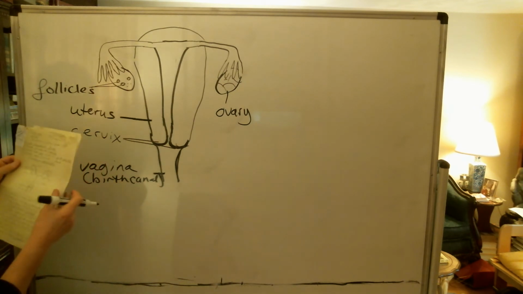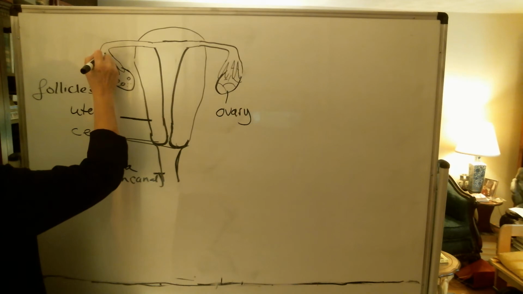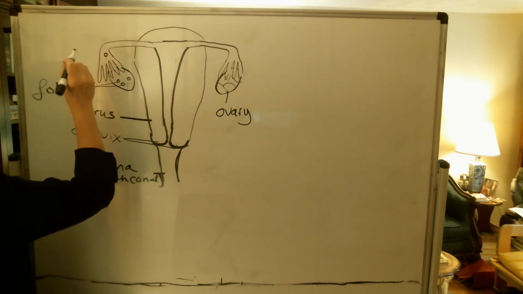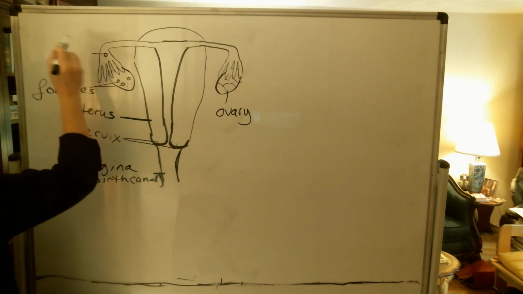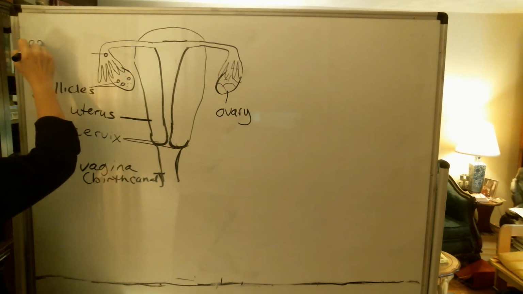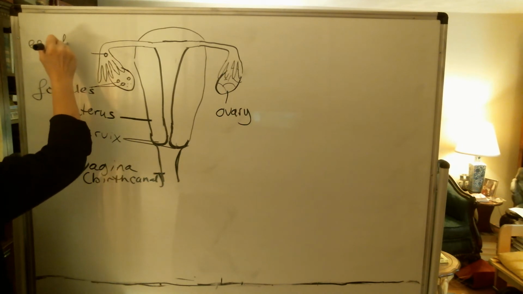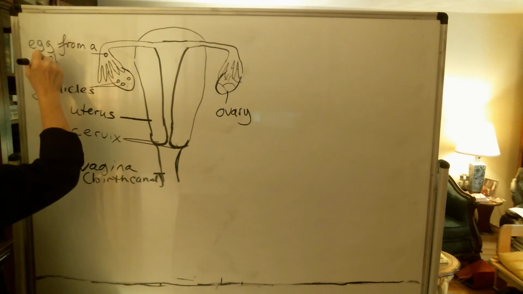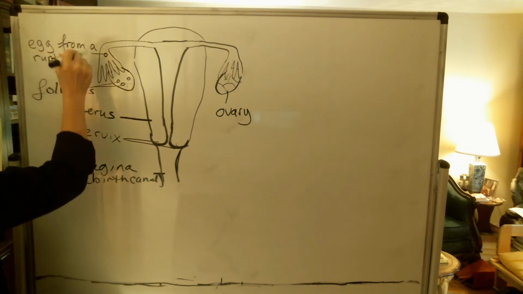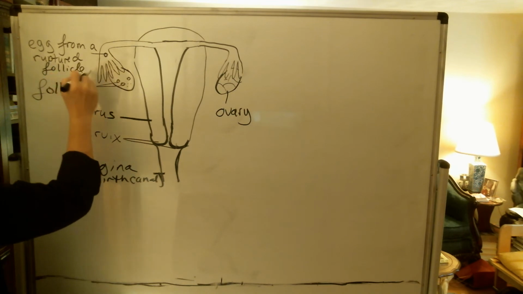And what I'm going to do here is just jump the gun a little bit, but here, then, we have the beginning of the story. There we have an egg, then, from a ruptured follicle.